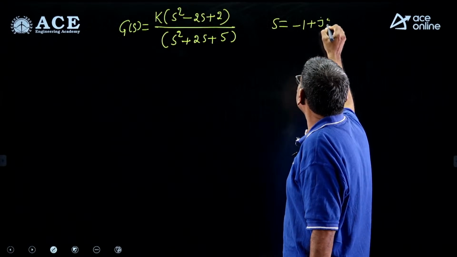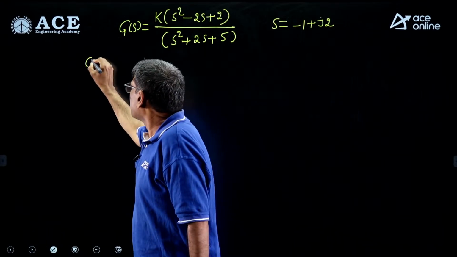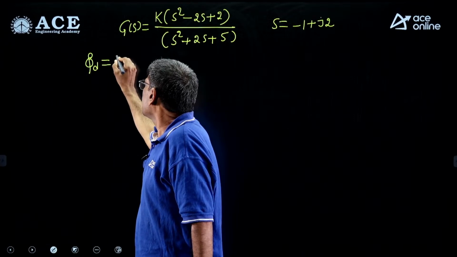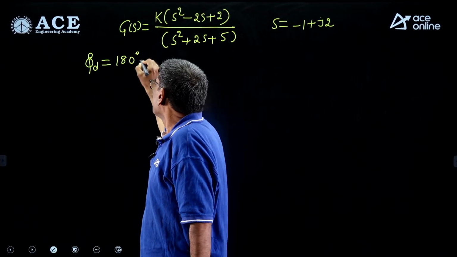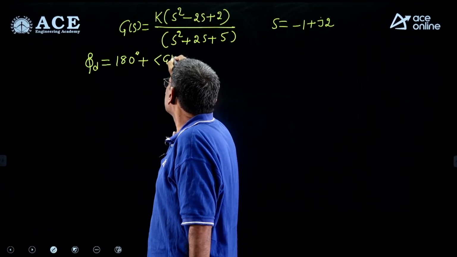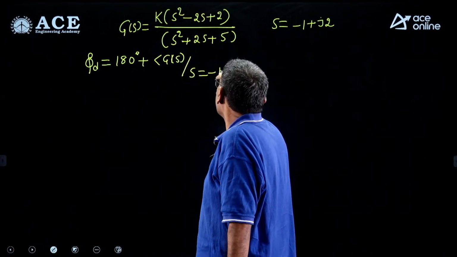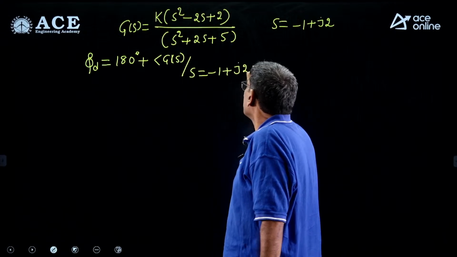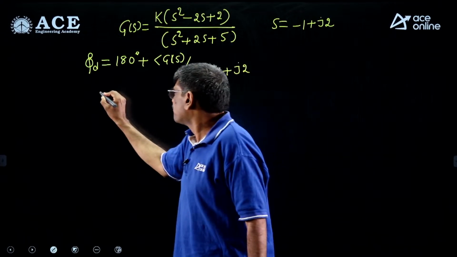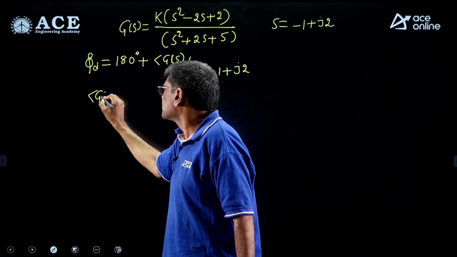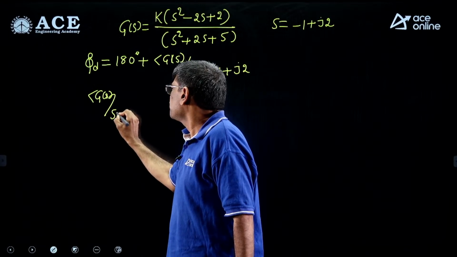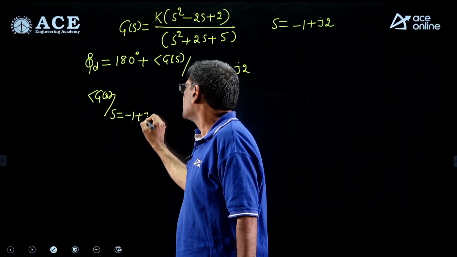You need to find just the angle of departure. What is the formula for angle of departure? Phi d equal to 180 plus angle GH. Here unity feedback given, G of S at S equal to -1 plus J2 we need to find. So now first find angle G of S at S equal to -1 plus J2.